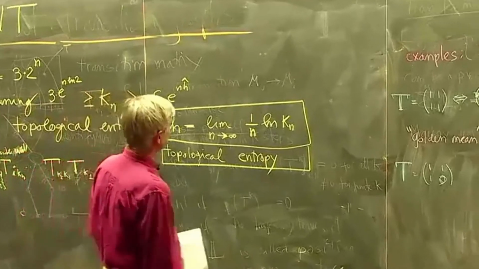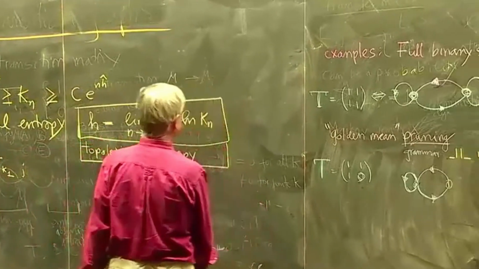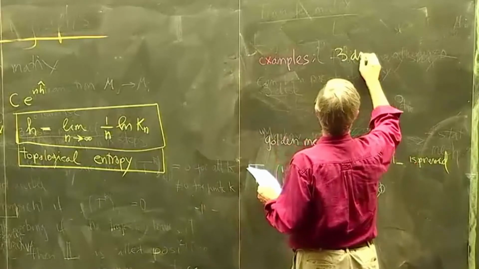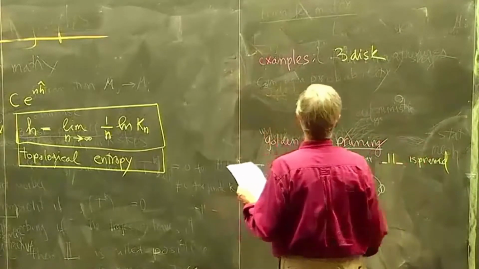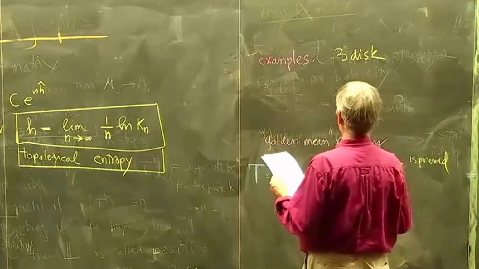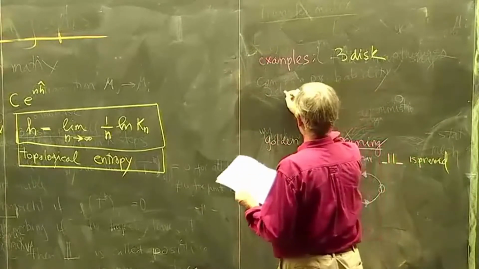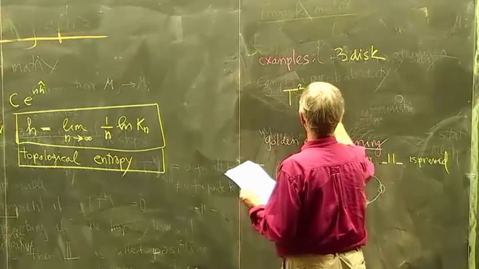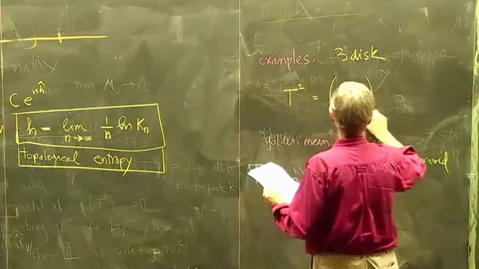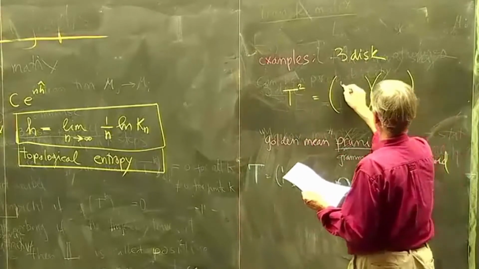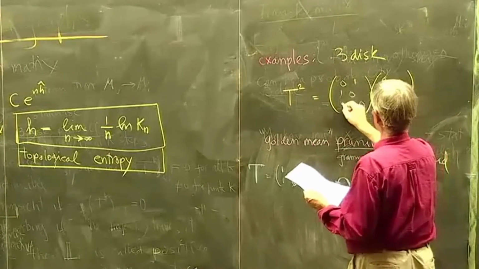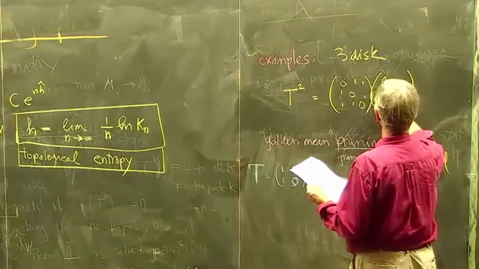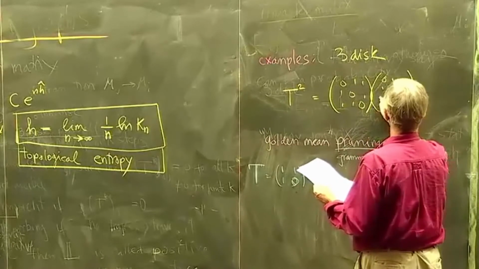For example, you have 3 disks. In how many ways can I step 2 times through a 3 disk system? I look at the square of Tij, which is the matrix that I had before, 0, 0, 0, 0, 0, 0, twice, 1, 1, 1, 1, 1, 1, 1, 1, 1, 1, 1, 1, 1, 1.